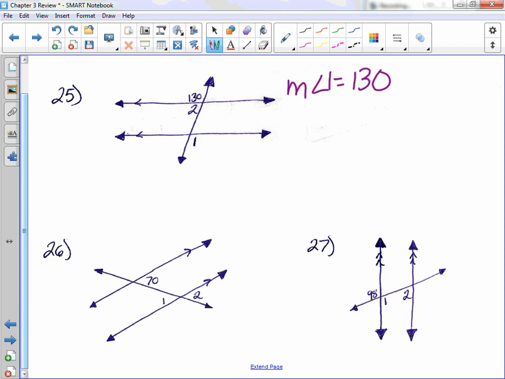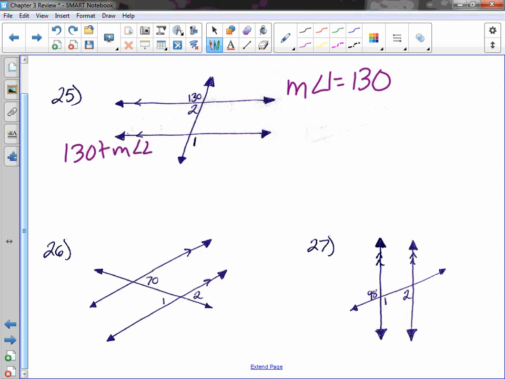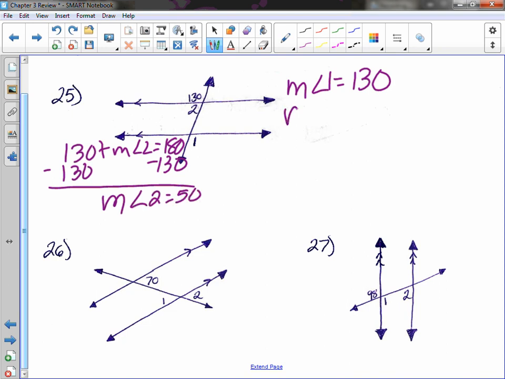They add together to be 180. So 130 plus the measure of angle 2 is equal to 180, or really we're subtracting 130 from 180, so the measure of angle 2 is 50. So the measure of angle 1 is 130, and the measure of angle 2 is 50.